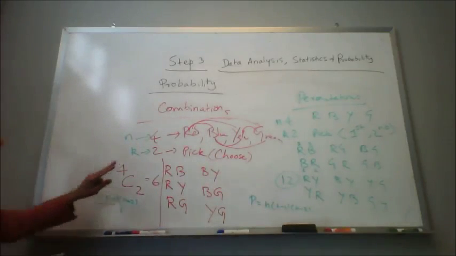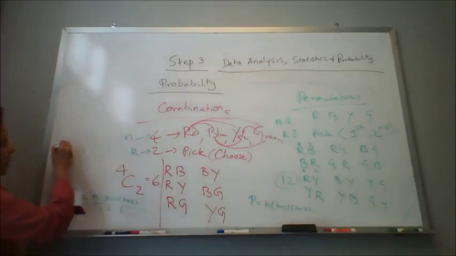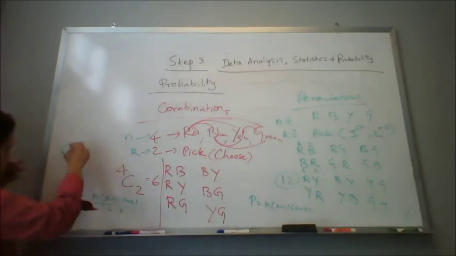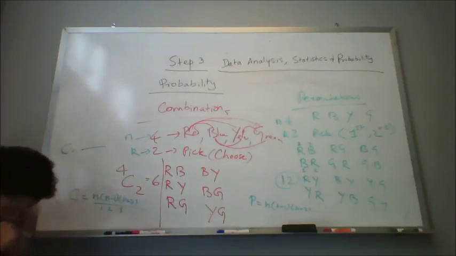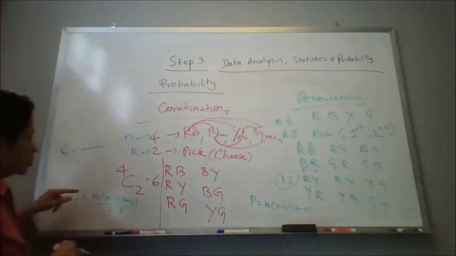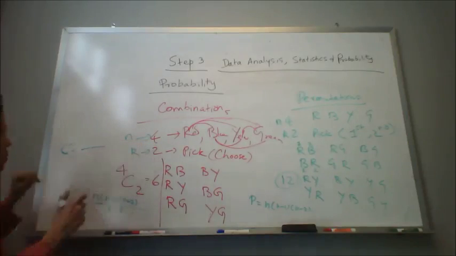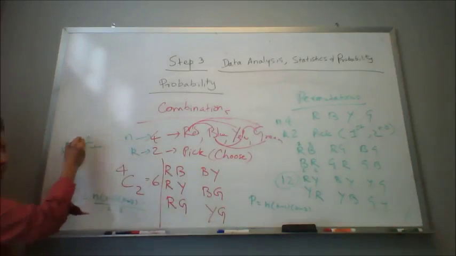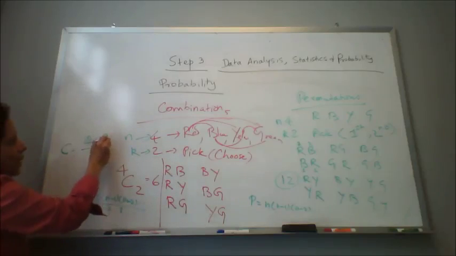If you want to find the number of combinations, you've got the top and the bottom. On the top, you will always start with n. N is 4. You always start at n, and then you go 1 down.